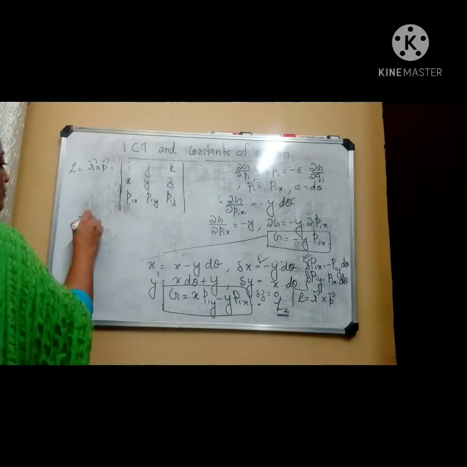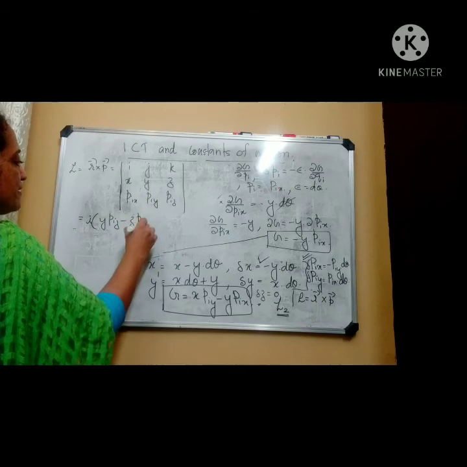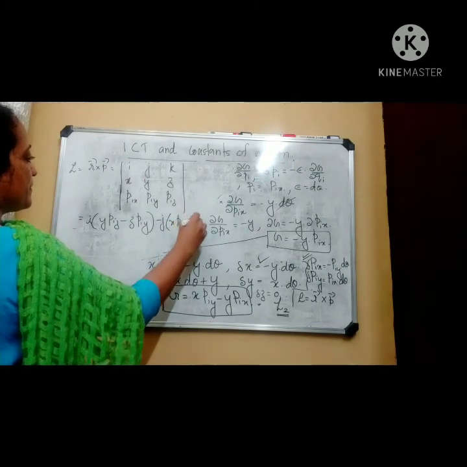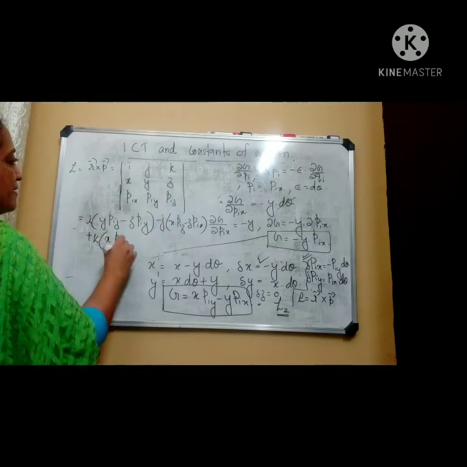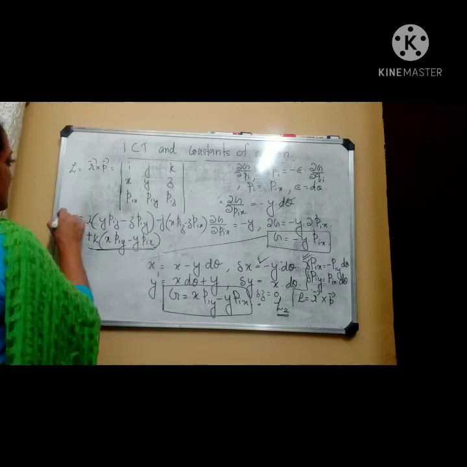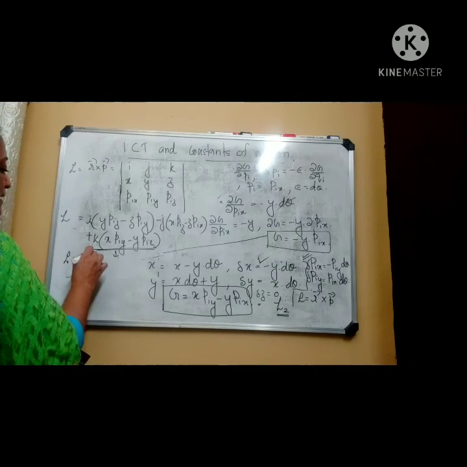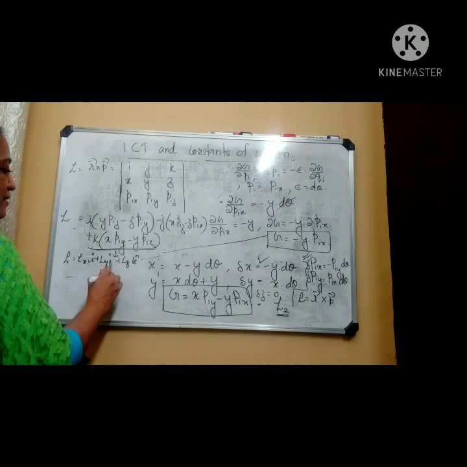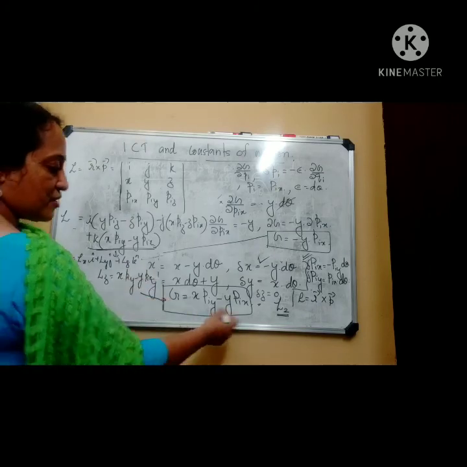Then this will be equal to i into y Piz minus z Piy, minus j into x Piz minus z Pix, plus k into x Piy minus y Pix. So this is the z component. This is L. L is equal to Lx i plus Ly j plus Lz k. So Lz is equal to x Piy minus y Pix. So this is the generating function that we have obtained.